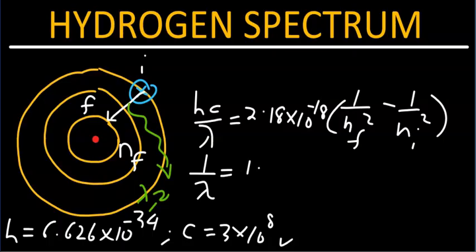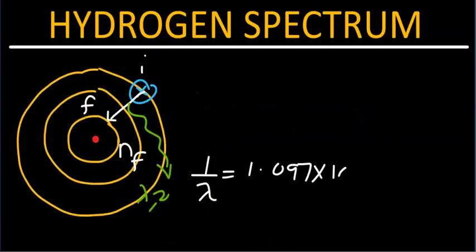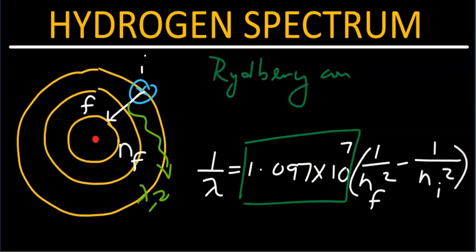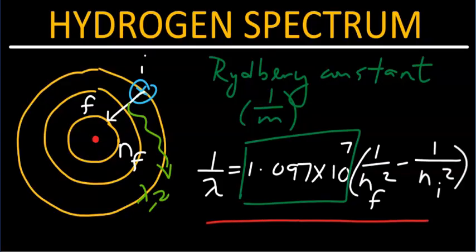Namely, it is 1.097 times 10 to the power 7 times 1 over NF squared minus 1 over Ni squared. This constant here is called the Rydberg constant, and the unit is 1 over meter. And this is the result that we use to determine the hydrogen spectrum.